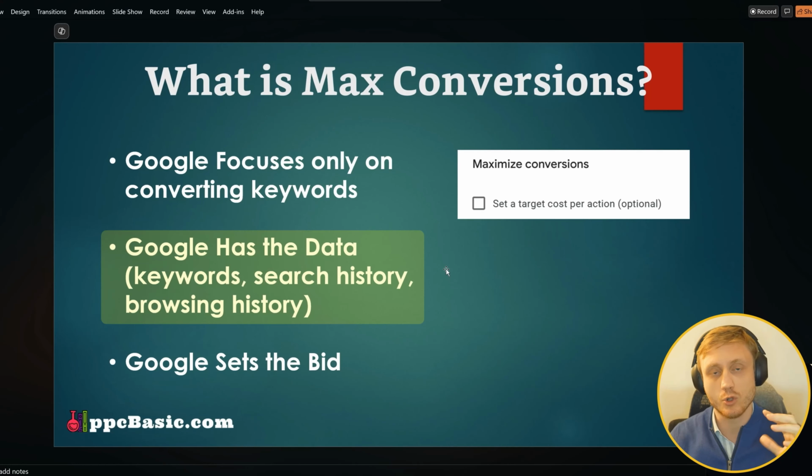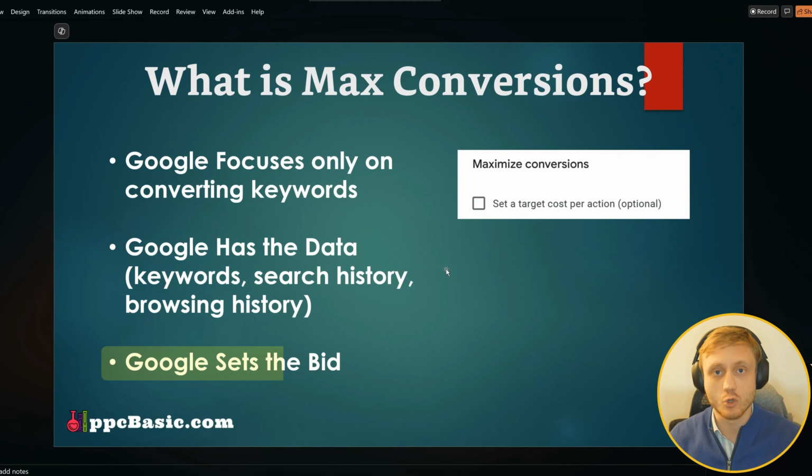And this is who you're going to target with the max conversions bidding strategy. So based on all of this information, Google knows the level of intent of the customer and whether they will convert. And ultimately, based on this, Google will set the bid they think is most appropriate for getting that customer to outcompete your competition.